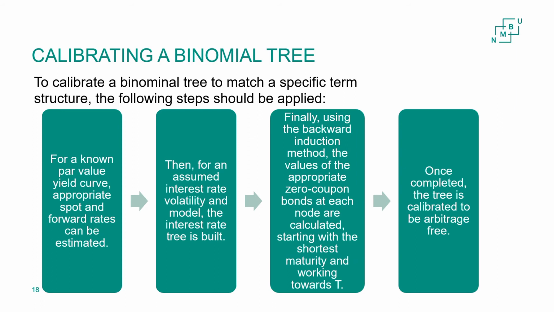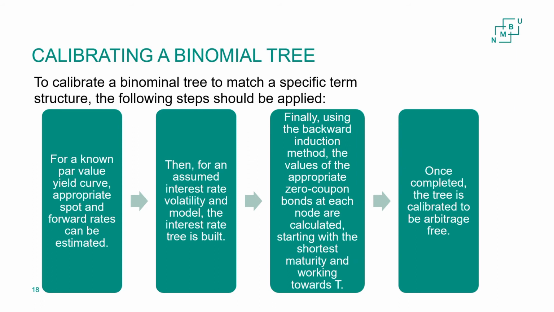Okay. So what you do then is that you have zero coupon bonds for each maturity of your interest rate tree.